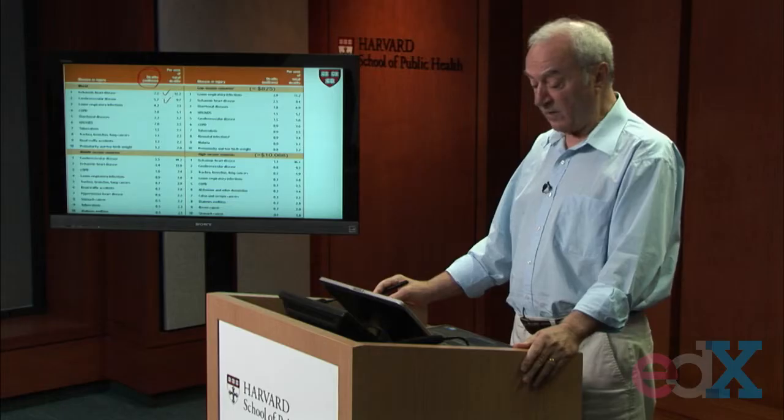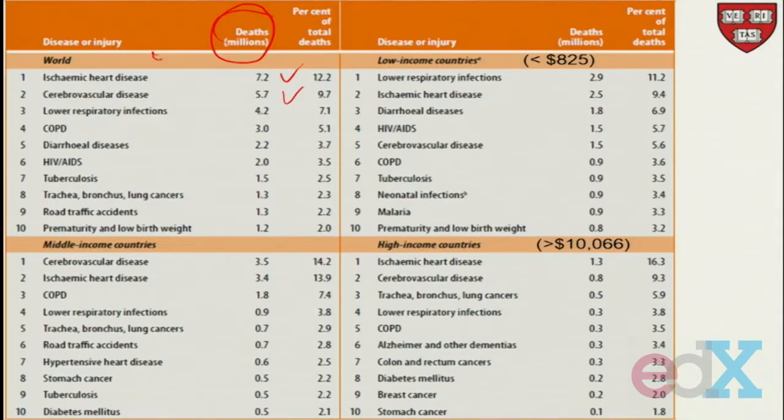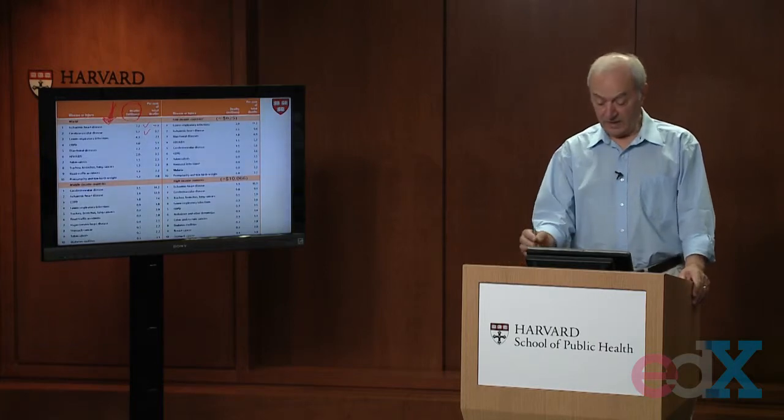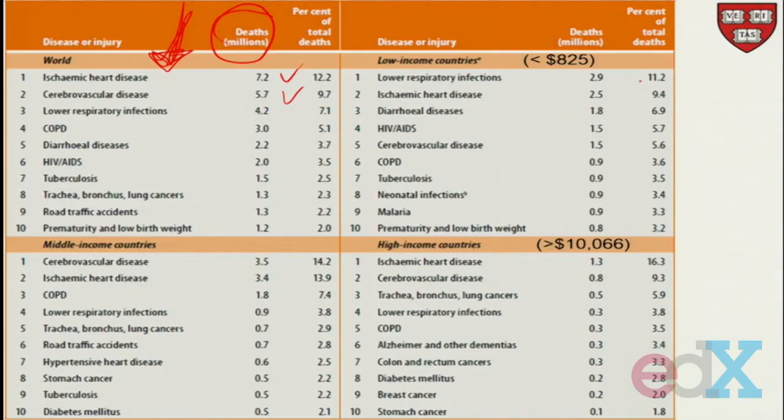So this panel here in the top left-hand corner gives us the world. Now what they did at the WHO, the World Health Organization, they classified each country into one of three groups. Either the low income group, that's this one up here, or the middle income group, that's this one here, or the high income group, and that's this one here.